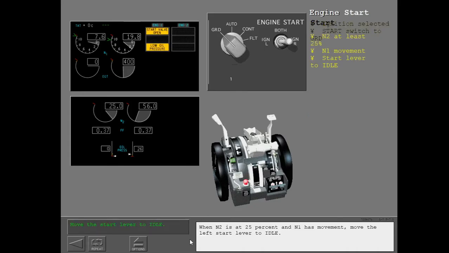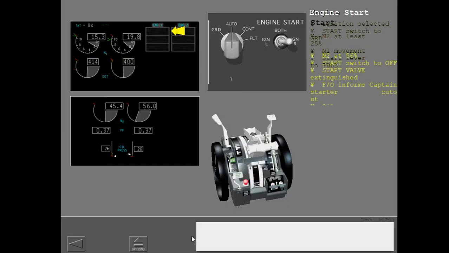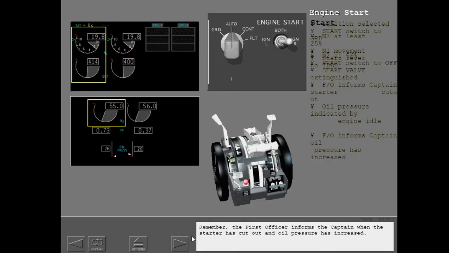When N2 is at 25%, monitor the start until engine number 1 indications are stabilized. Remember, the first officer informs the captain when the starter has cut out and oil pressure has increased.